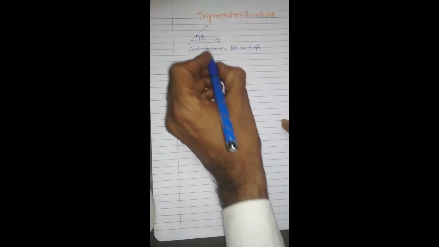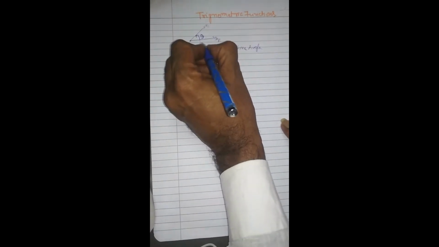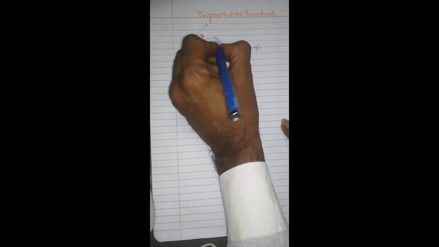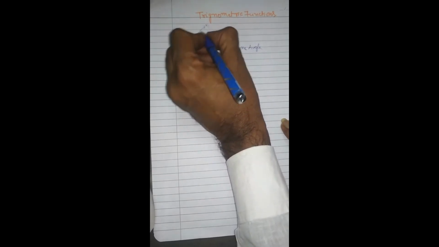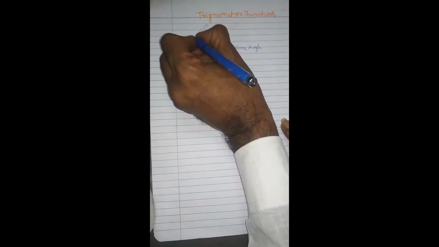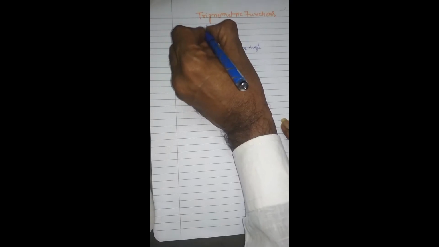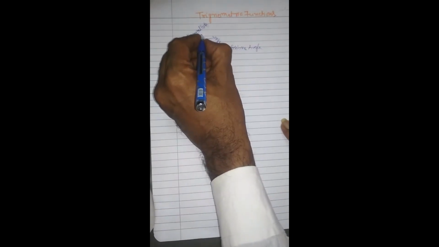Similarly, OA, I'll call this the initial side. From here we are measuring the degree, and up to OB we are working, so that's why I call that the terminal side. This is the anti-clockwise direction I have taken.